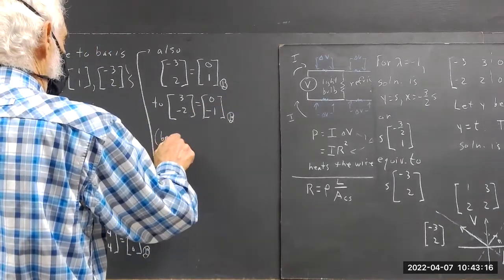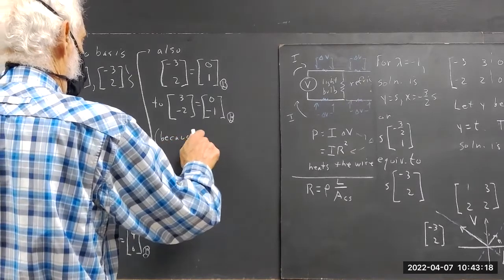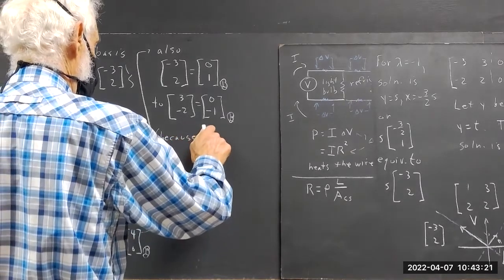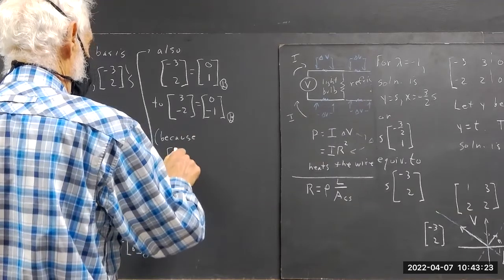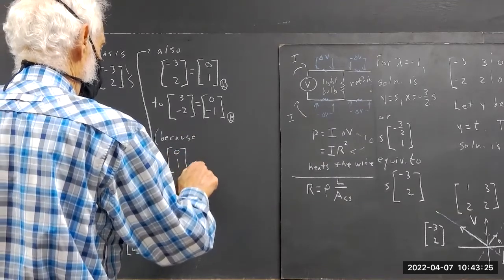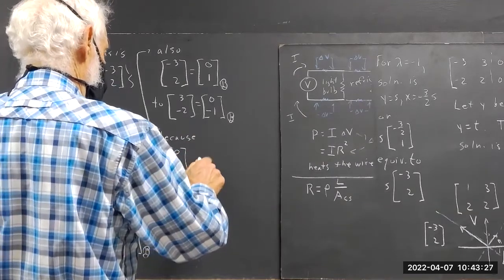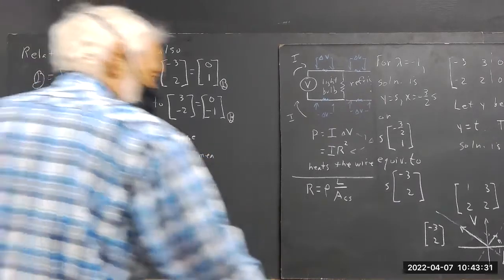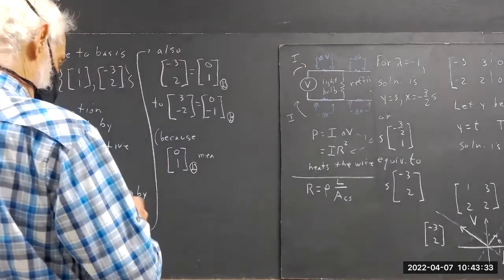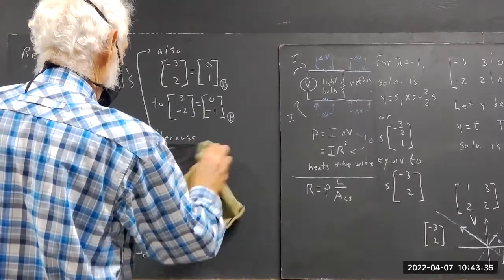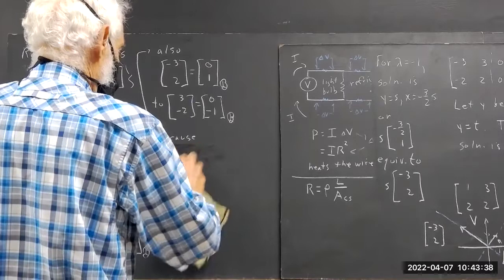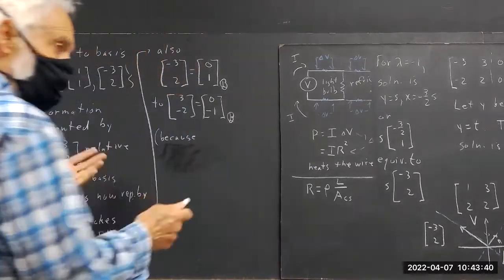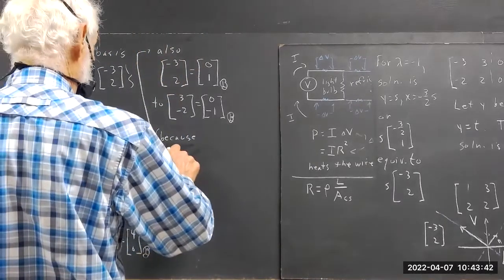I'll write that here. So 0, 1 relative to B. Well, let me make it more general. I'll write what I was about to write, but first I'm going to put it in bigger context.